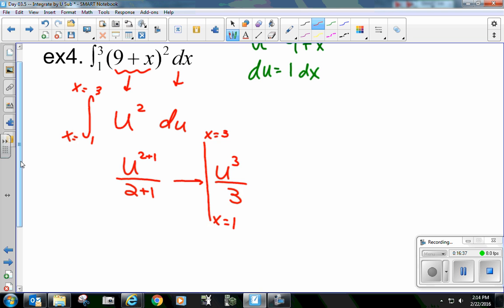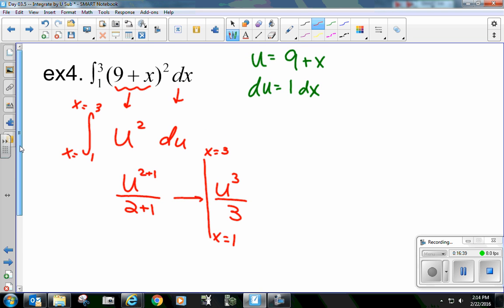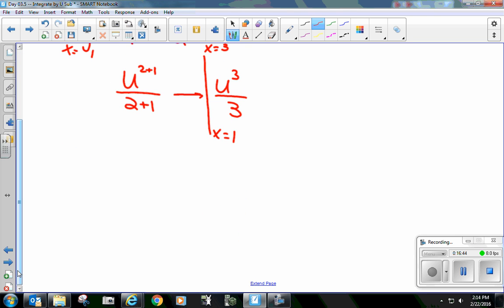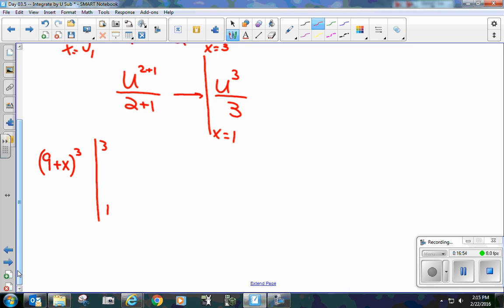So those are my bounds. What is my u? 9 plus x. So I've got from 3 to 1 of 9 plus x cubed all over 3. Yes.